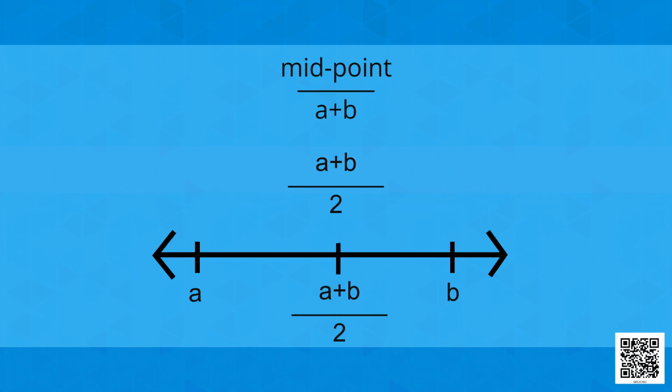That is, we are going to find the midpoint between two given numbers. We will first add these two rational numbers and then divide the answer by 2. So we will get a point which is the midpoint between two given rational numbers. And we know that this rational number lies between the two rational numbers.